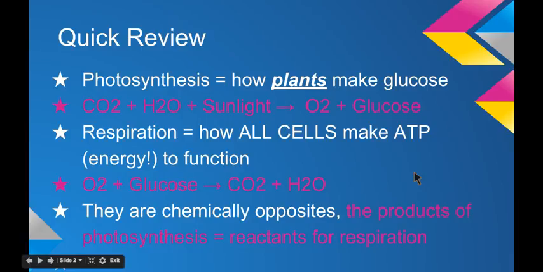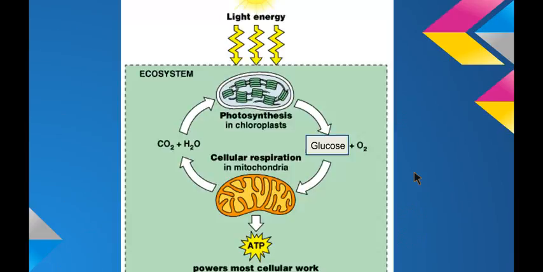We talked on Wednesday about how these reactions are chemically opposite. The products of photosynthesis are the reactants for respiration, so they cycle between each other. Here's a nice little graphic showing the cycle of glucose and oxygen, carbon dioxide, and water.